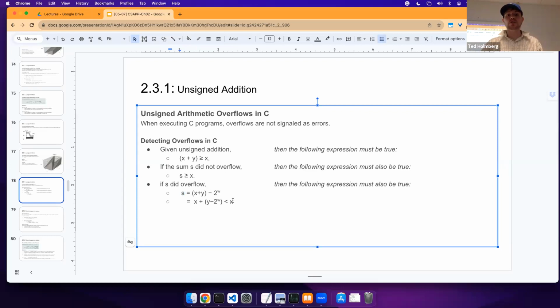And this shows you, with a very simple arithmetic expression, that S is less than X if an overflow occurs.